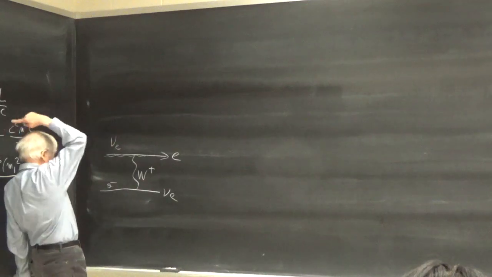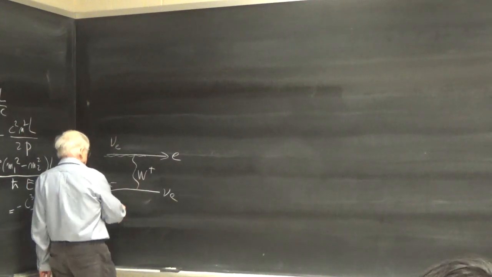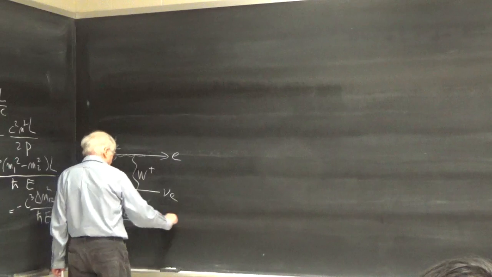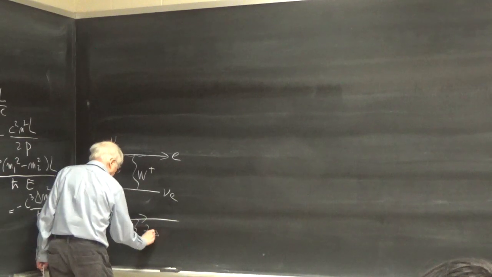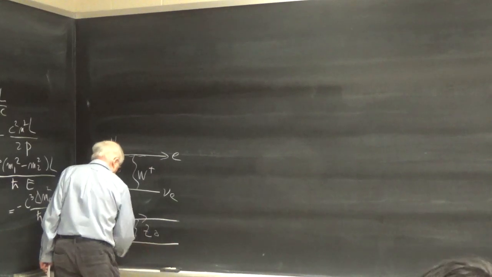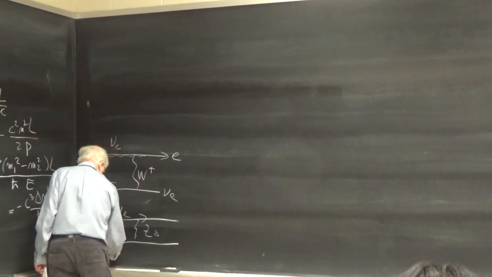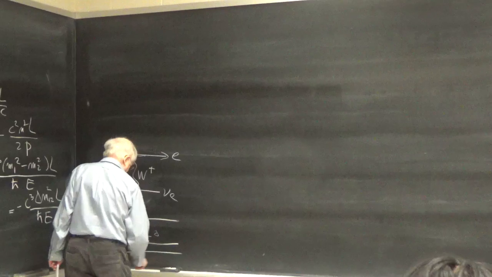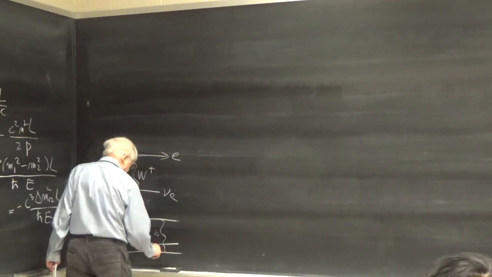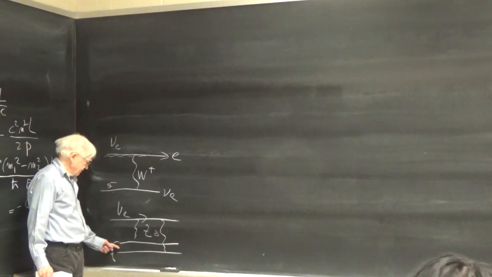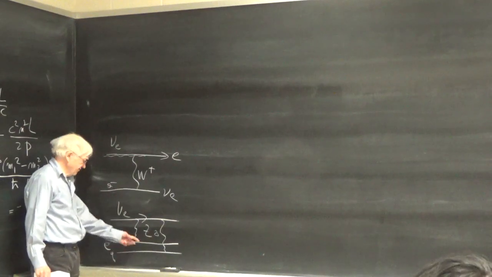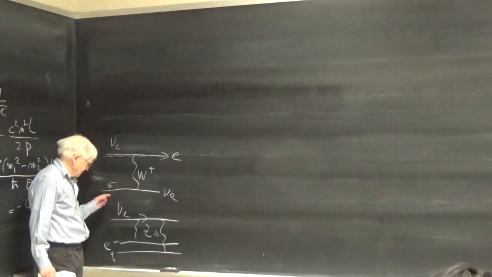which is separate, of course, from that effect. But the electron neutrino can do another thing. It can go across like this and just exchange a Z0 with an electron or a quark or whatever. The Z0 can interact with anything. And, well, not with anything, but with a variety of quarks and leptons.